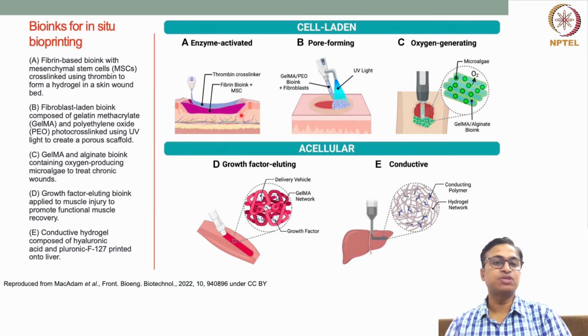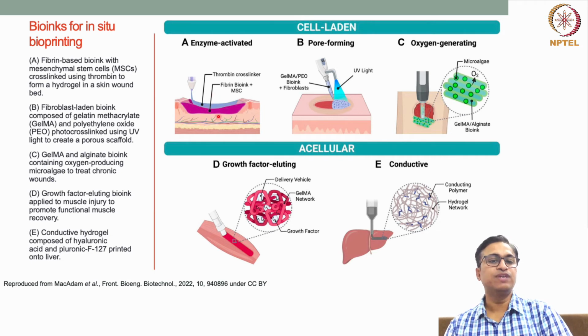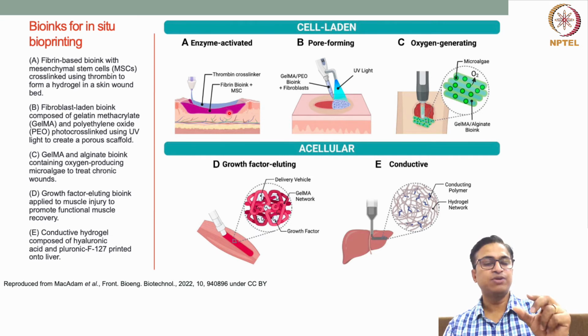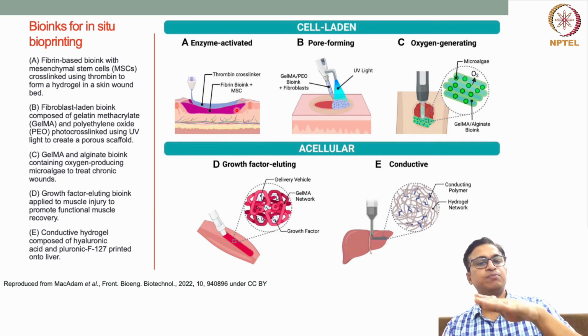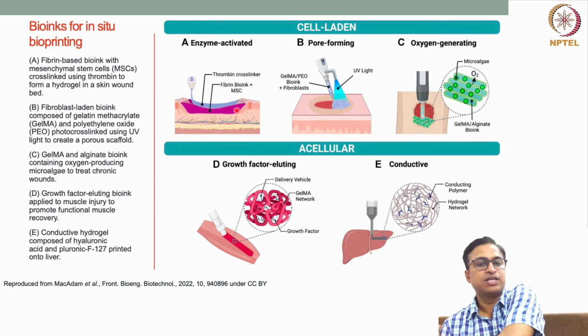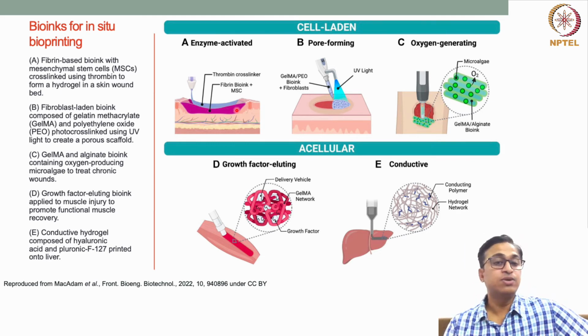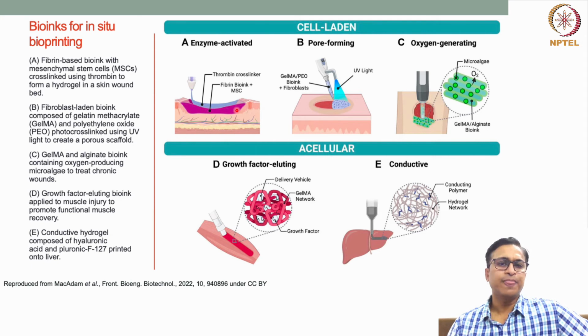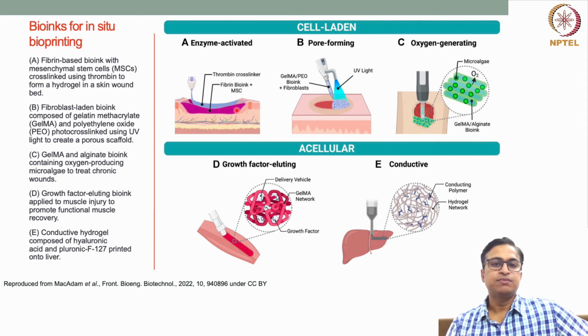So two different bioinks can be used here, like one is the fibrinogen bioink, where MSCs or any type of cells can be loaded, and that can be first printed, and on top of that, if we print the thrombin crosslinker, then the whole construct will get crosslinked. So this is a very good example of how enzyme activated process like this can be used for bioprinting applications.